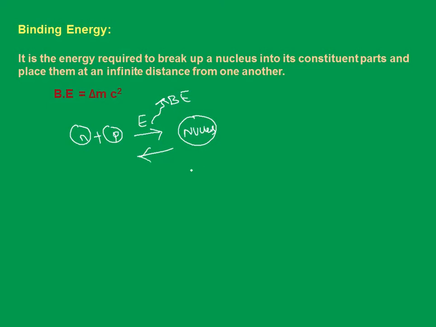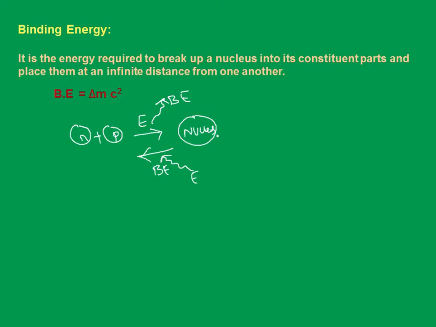Here we are actually supplying the energy, and that is what we also call binding energy. So the energy released when neutron and proton combine to form a nucleus, or the energy required to break a nucleus into neutrons and protons, is nothing but binding energy.